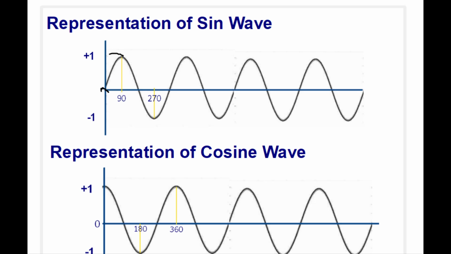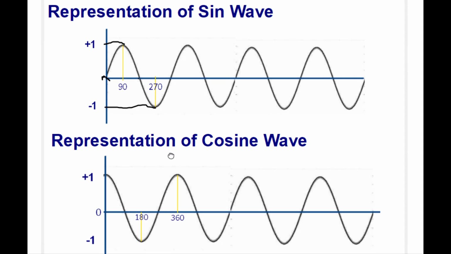So at 90 it becomes +1, at 180 it becomes 0, and at 270 sine is -1. It goes on repeating itself. Sine is a simple harmonic function, so it repeats itself again and again after a particular cycle. So this is a sine wave, because sine 0 is 0 and sine 90 is 1.